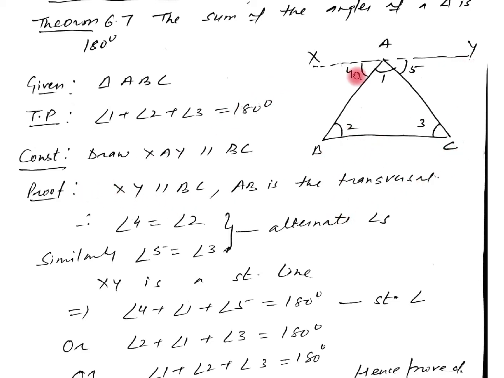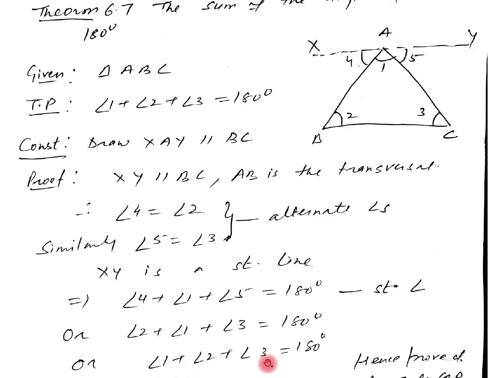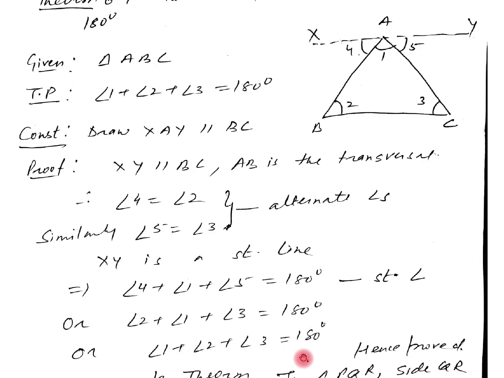Now the proof: XY is parallel to BC, so angle 4 equals angle 2 and angle 5 equals angle 3. Both are alternate angles. Now XY is a straight line, so the sum of these three angles must be equal to 180 degrees. It is a straight angle. So angle 4 is equal to angle 2, and angle 2 plus angle 1 plus angle 3 equals 180 degrees, or angle 1 plus 2 plus 3 equals 180 degrees.